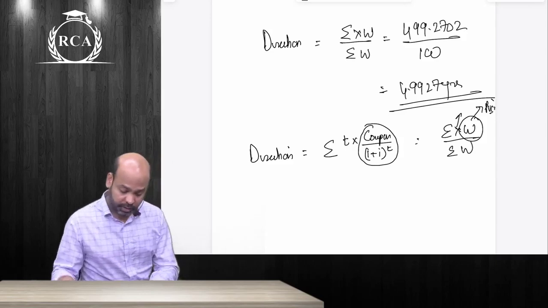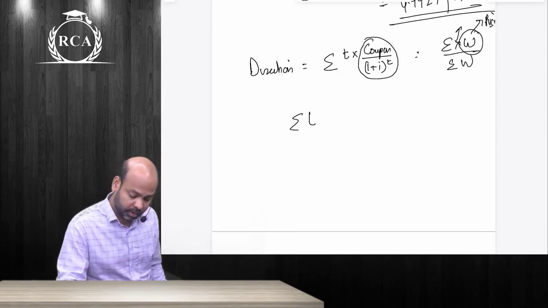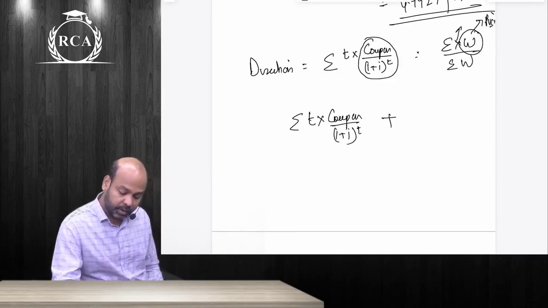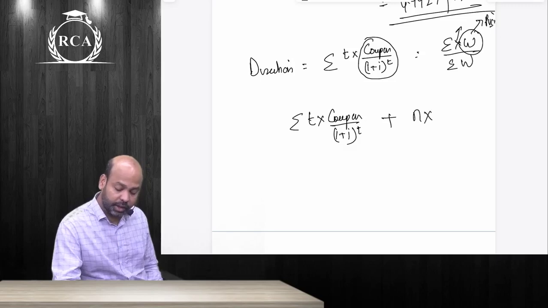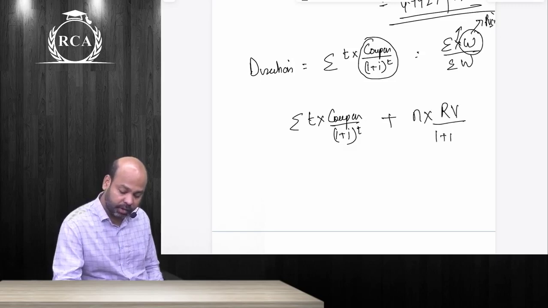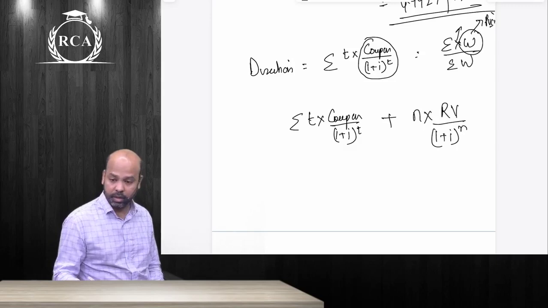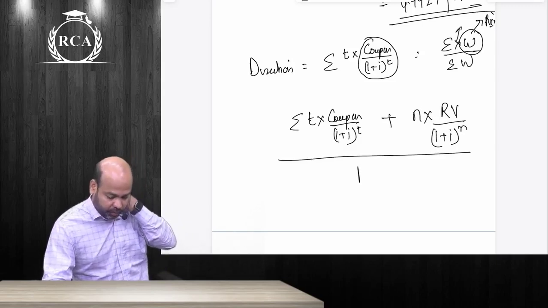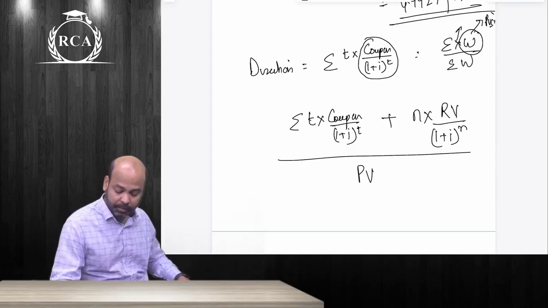Yes or no, guys? In the ICI material there is one more formula, it does not end just like this. Time period into coupon divided by 1 plus I whole power t, plus the nth year, that is redemption n, into redemption value divided by 1 plus I whole power n, the whole divided by the summation of the weights, that is nothing but the price of the bond today.